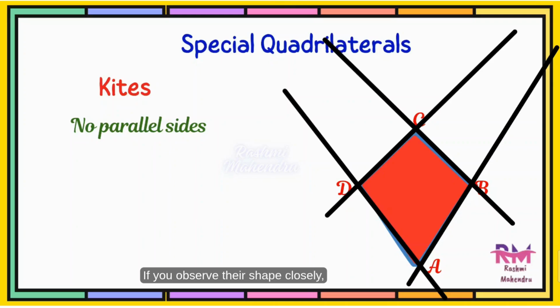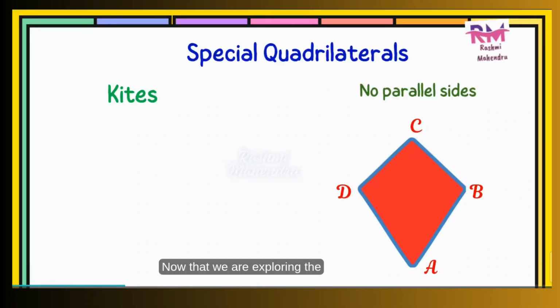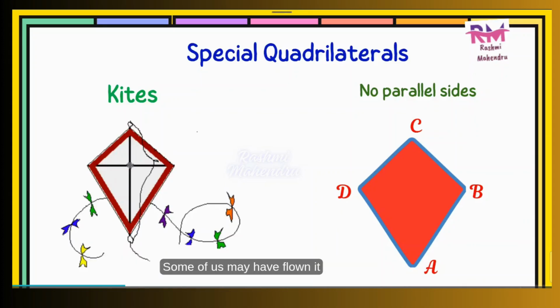If you observe their shape closely, you will realize how well known this shape is to you. Now that we are exploring the special quadrilateral kites, let us relate it to the kites that we all have seen. Some of us may have flown it or even created the kite frame. So how is a kite frame created?